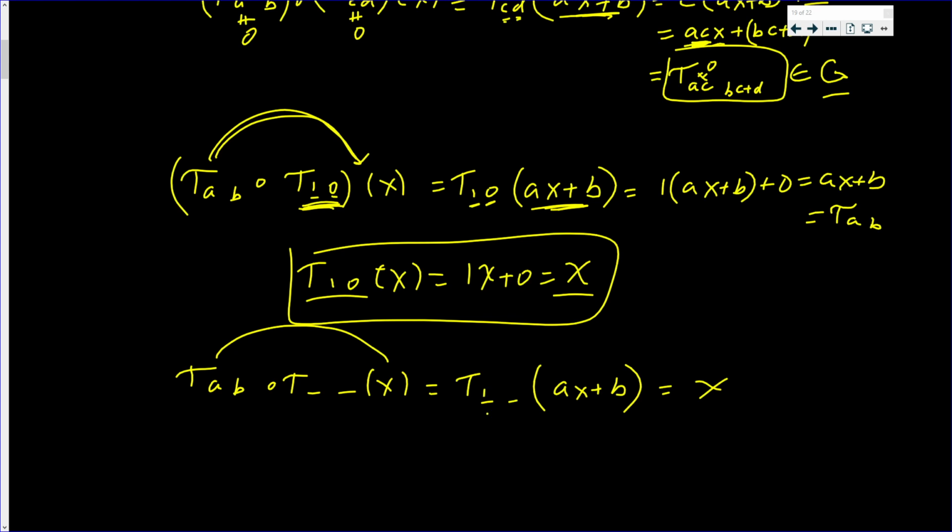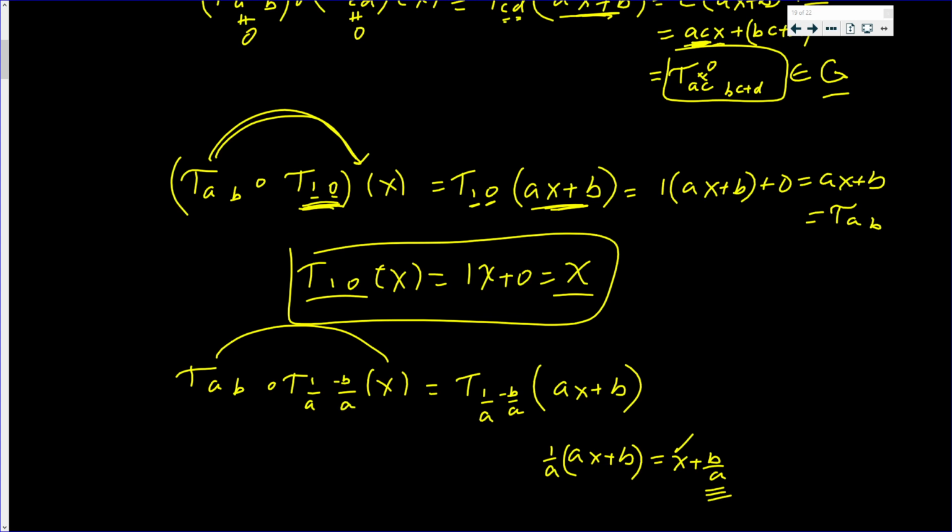Well, if we multiplied by 1 over a, then we'll have x plus b over a. So we got back the x. We don't want b over a. So how about we do negative b over a?